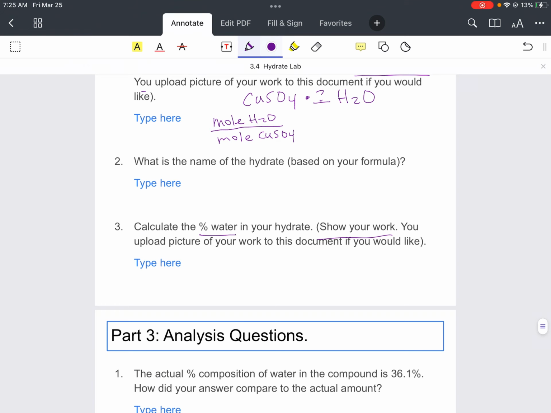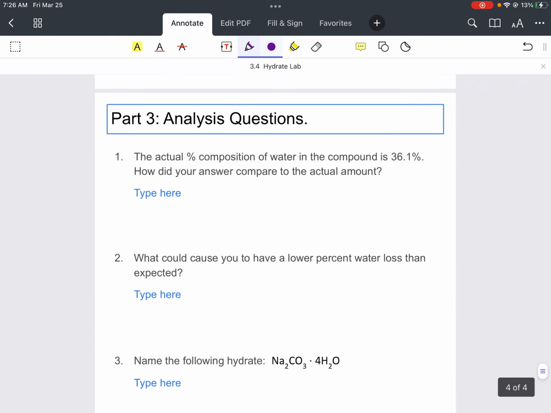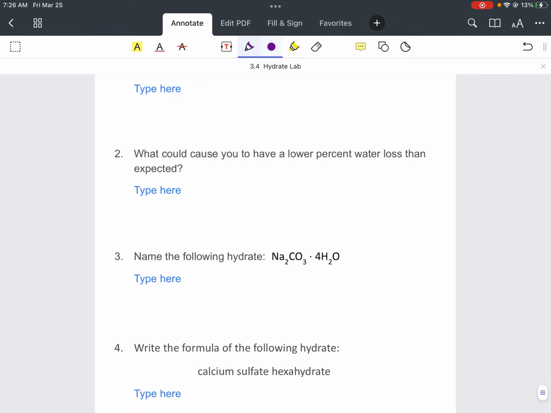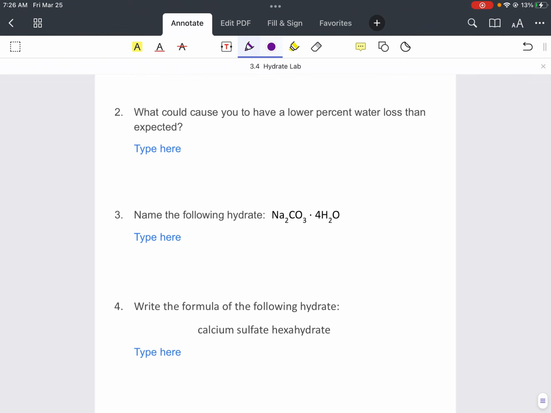And then for number 3, you're just looking for the percent water. Remember, we take the mass of what you're looking for divided by the mass of the total, and then multiply it by 100. The last little bit is just some analysis questions, so you should be able to answer those once you're finished with the calculations.